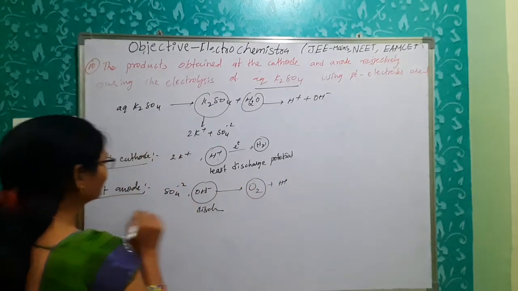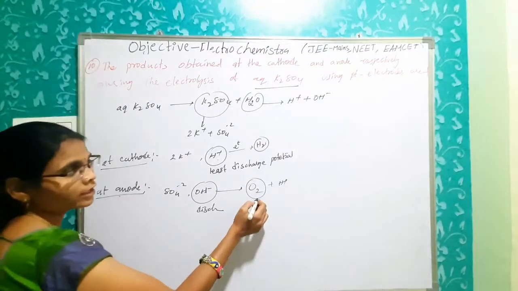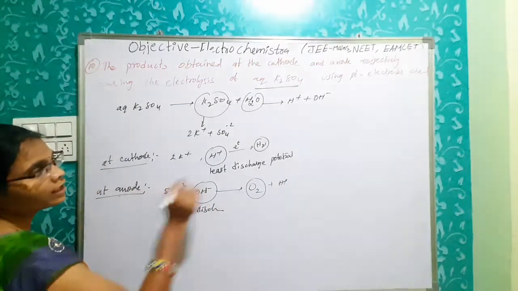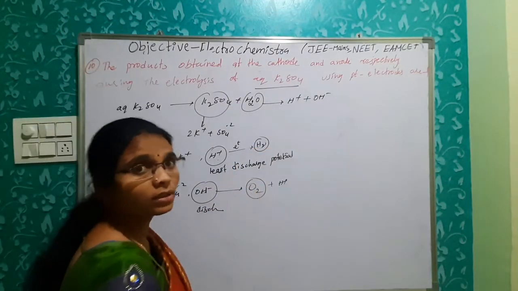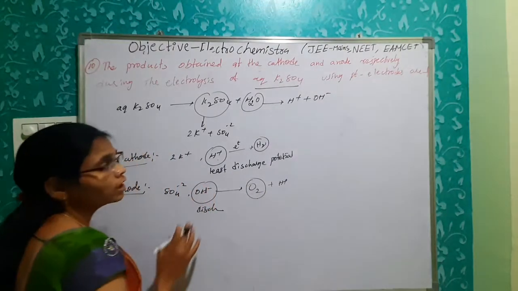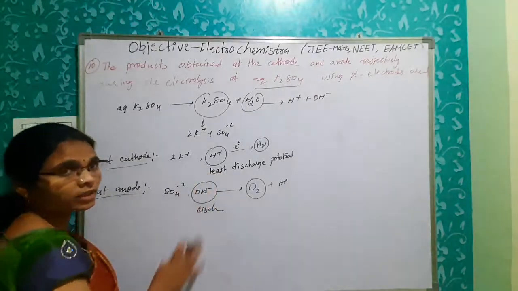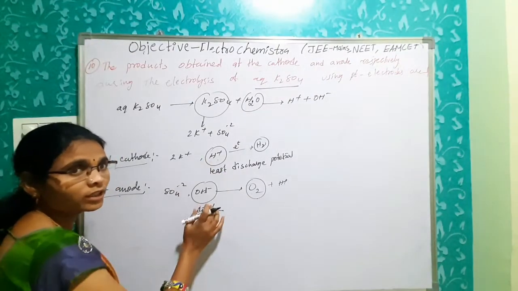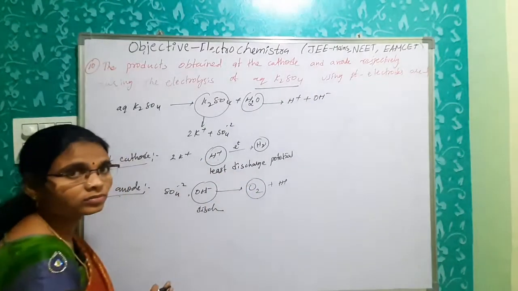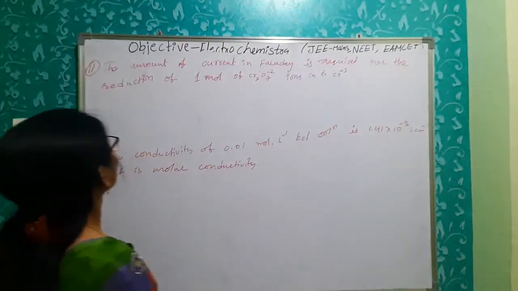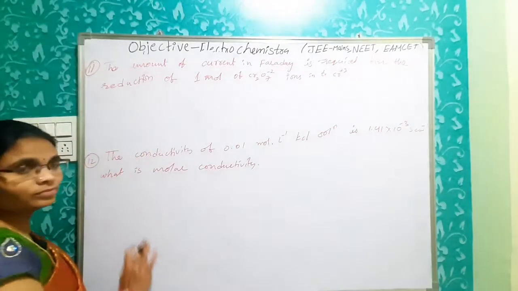So at cathode and anode, H2 and O2 are liberated respectively. You have to recollect the order of discharge potentials to know which is discharged first. The one with the least discharge potential is discharged first. Okay, clear?